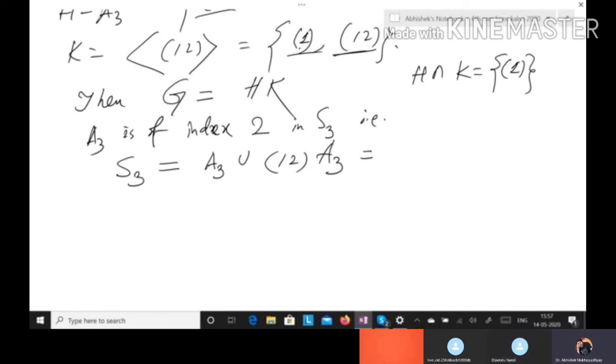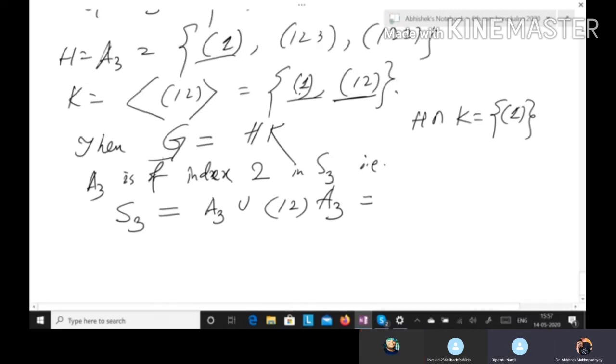This A3 is of index 2 in S3, because S3 contains 6 elements and A3 contains 3 elements. So by Lagrange's theorem, the quotient will contain 2 elements, which is the index of A3 in S3.